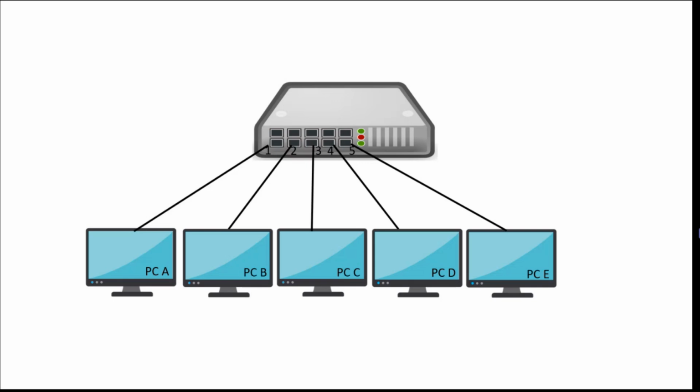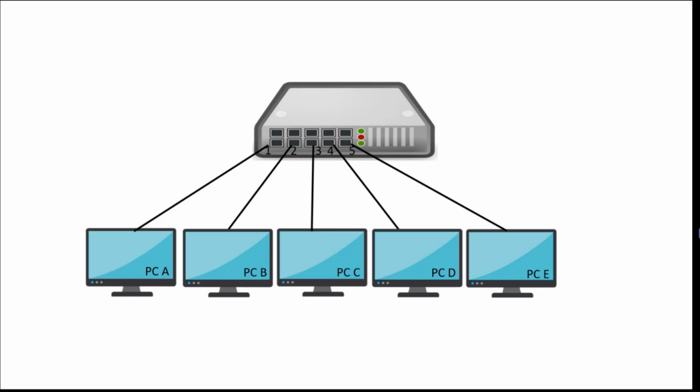Now, if the switch receives a frame from any PC, it looks up the MAC address table and forwards it to the right destination port. The process of sending a frame via the destination port to the intended PC is known as the forwarding process.